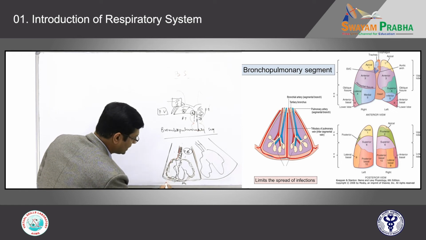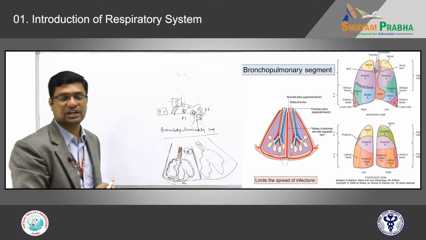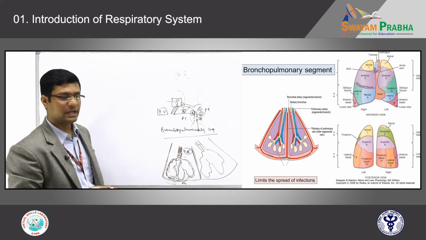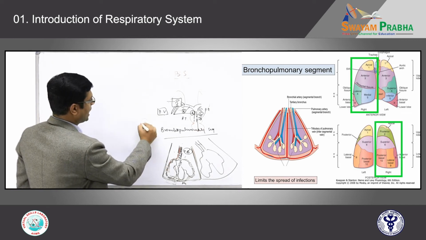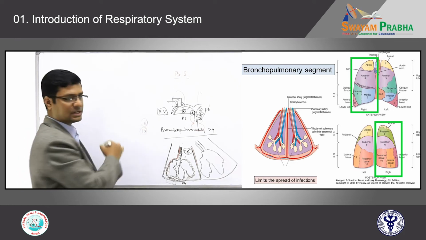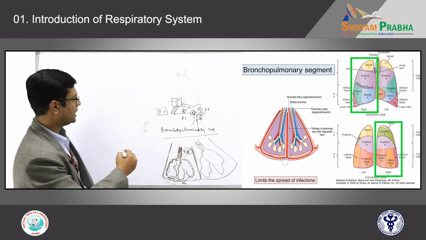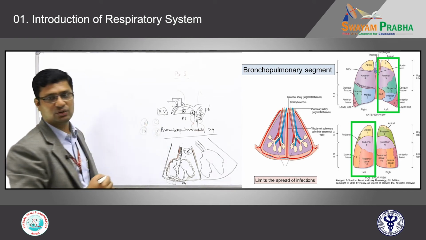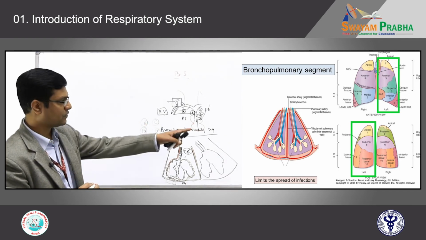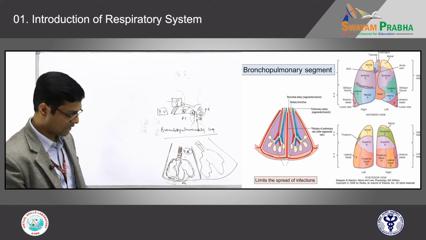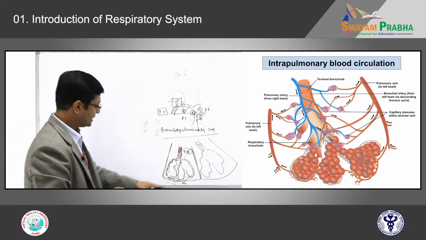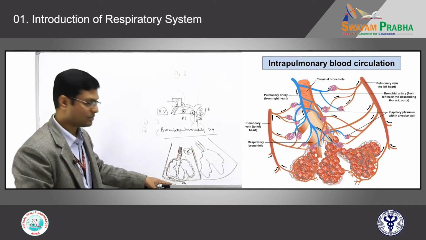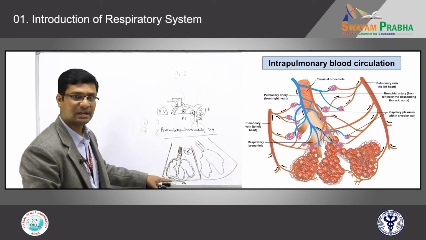We will go in detail about the gaseous exchange part in the next slides. Roughly, the right lung will have around 10 bronchopulmonary segments, as shown there, and the left lung approximately 8 to 9 bronchopulmonary segments. You can read about this in anatomy, right. Let us see what exactly happens here at the alveolar unit. What is the pattern of blood supply at this level?